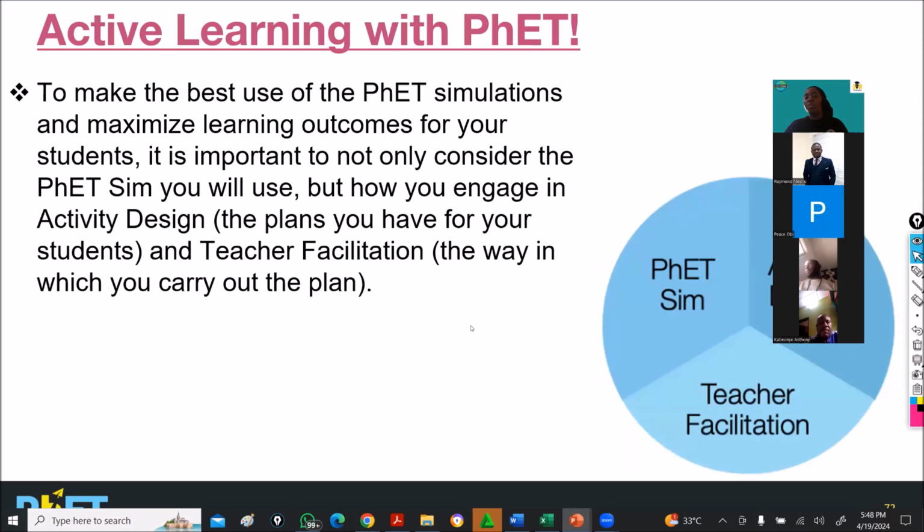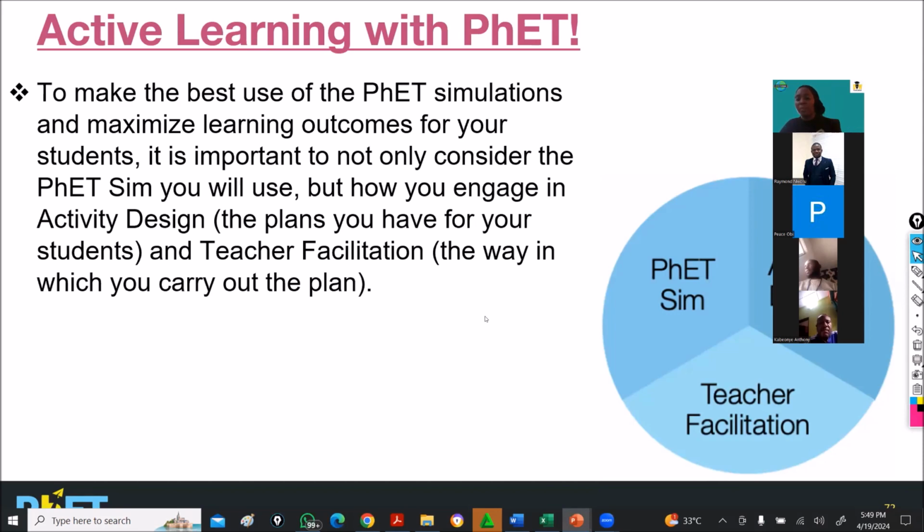Now, you should also know that to make the best use of PhET simulation and maximize learning outcomes for our students, it is important to not only consider the PhET sim you will use, but how you engage. So it is not about the sim alone and your objectives, which you've learned in our first week, our intro course, the second course, okay?